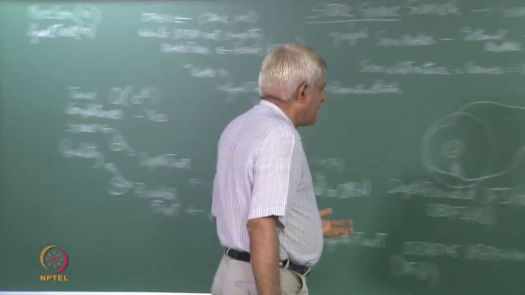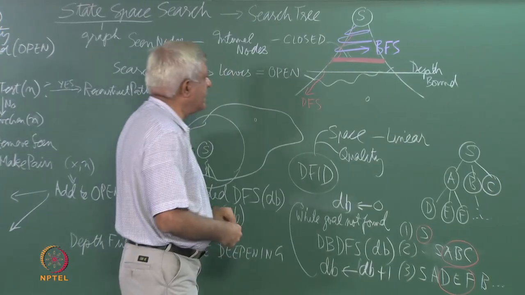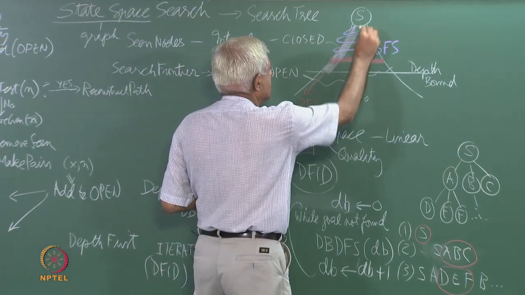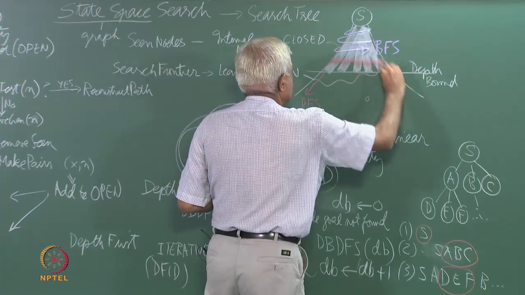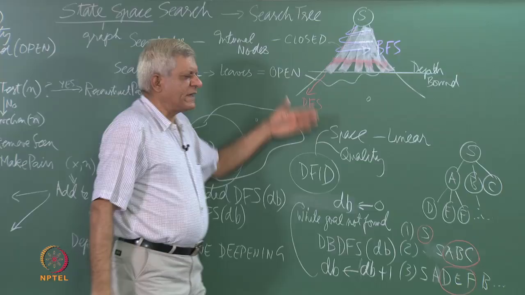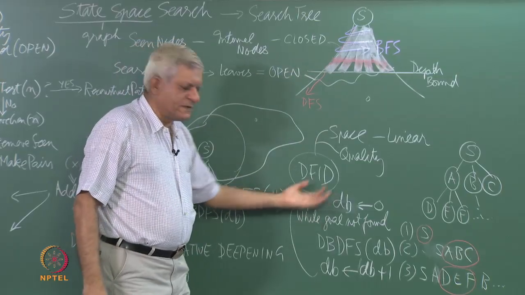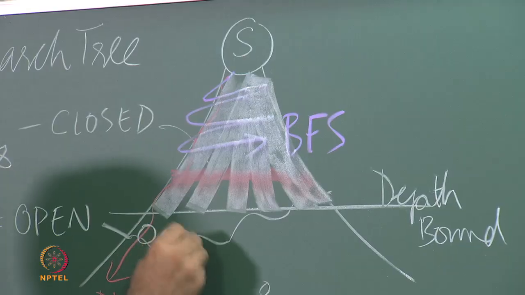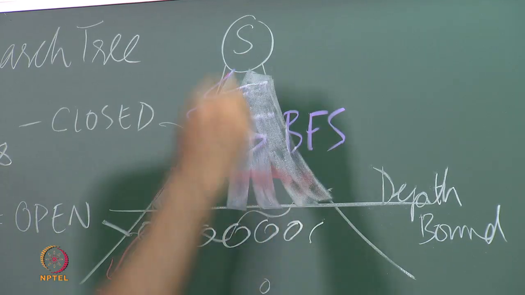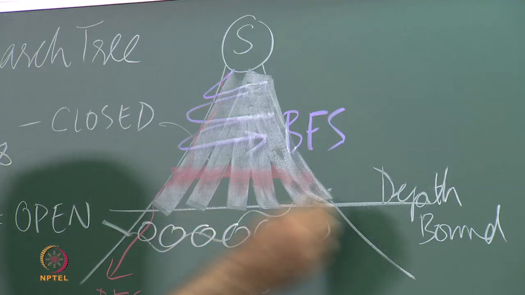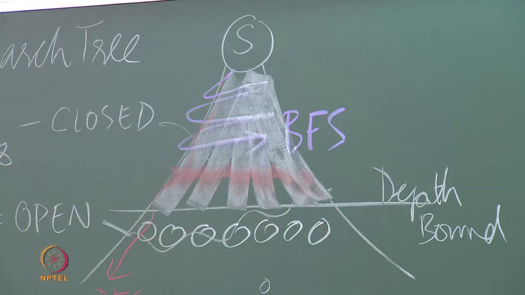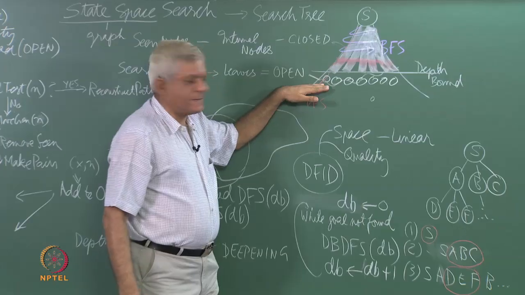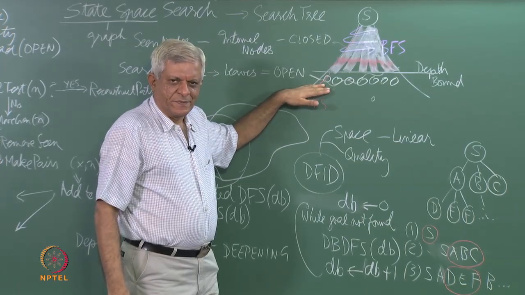So let me repeat, in DFID we search up to some level, let us say this level, we do DFID for some depth bound we come up to here, and then to inspect these next level nodes we search this whole tree again. So this shaded portion is the extra work we are doing for inspecting this new set of nodes.